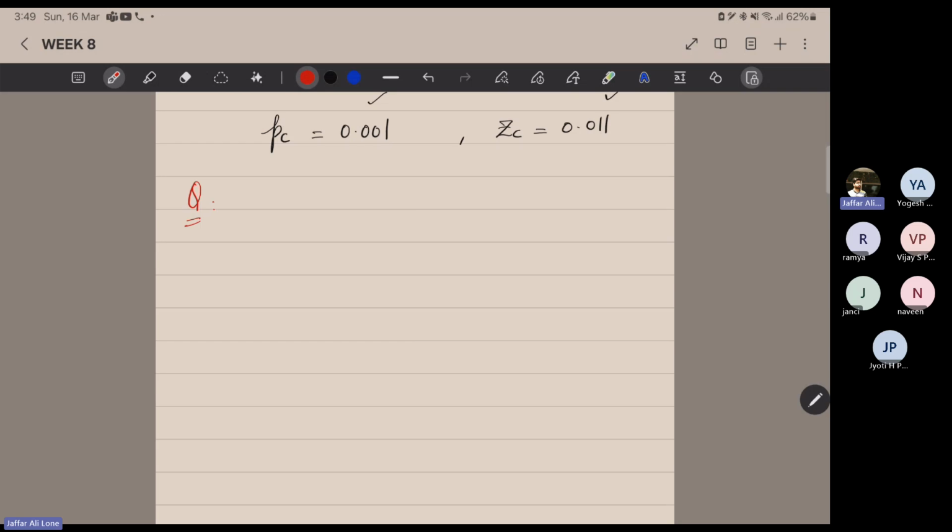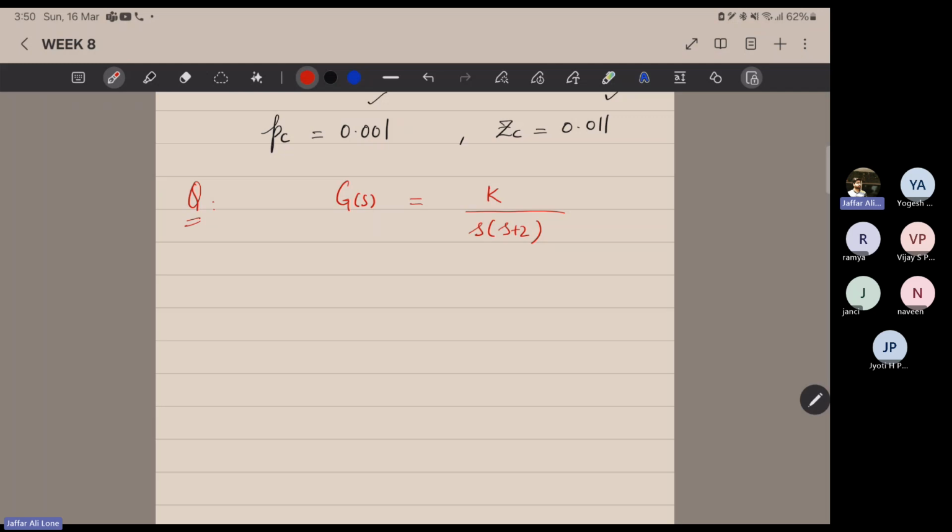The open loop transfer function is given as G(s) = K divided by s into (s plus 2). It is desired that the compensated system meets the following specifications. We are given this transfer function, and the question says we are designing a compensator, but we do not know which compensator.